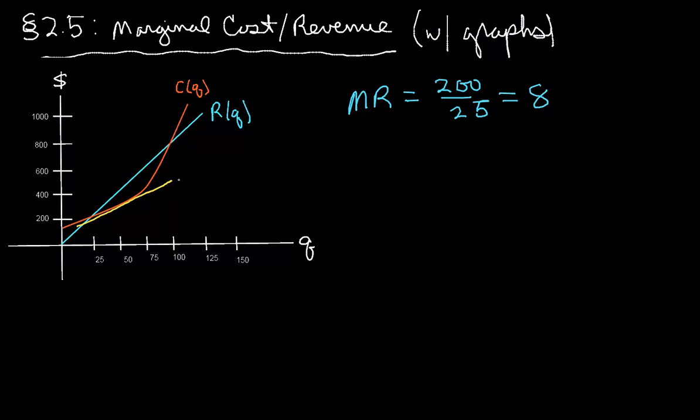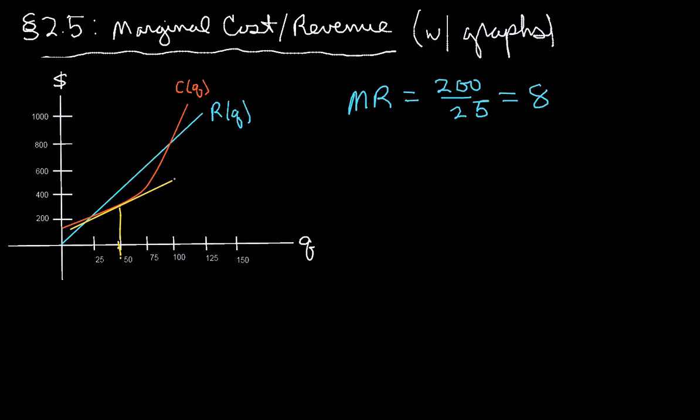Let's draw the tangent line right there at 50. Okay, so the slope of this line is precisely the marginal cost. So the slope of this yellow line is the marginal cost at 50.